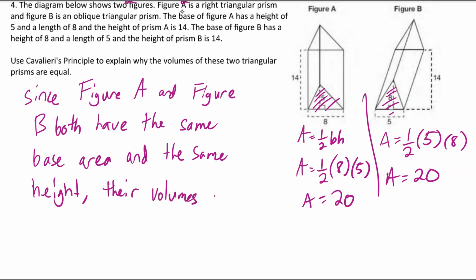That's what Cavalieri's principle states. So anytime you see Cavalieri's principle, or you're comparing two figures that have the same base area and they go up the same amount, have the same height, you could always state this as a reason for why their volumes are the same.